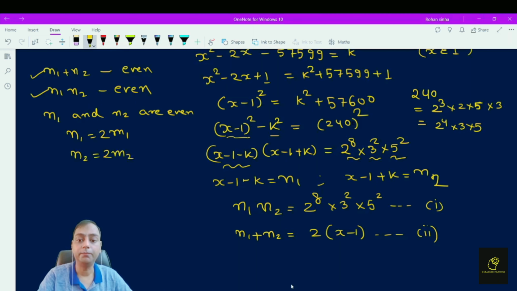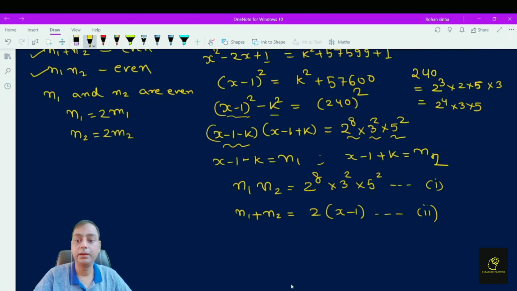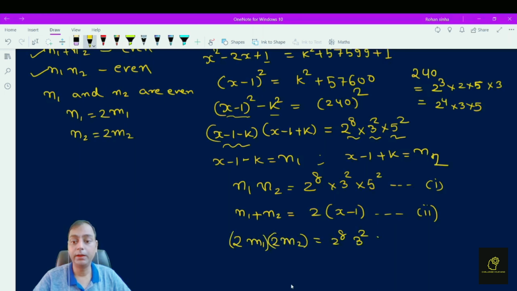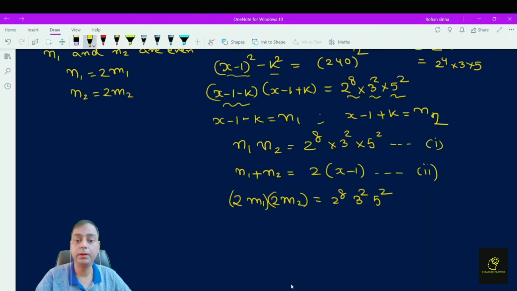Putting this in equation 1, 2m1 into 2m2 is 2 raised to 8 into 3 square into 5 square. So m1 m2 is 2 raised to 6 into 3 square into 5 square.